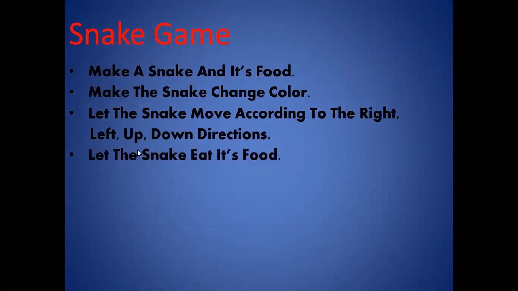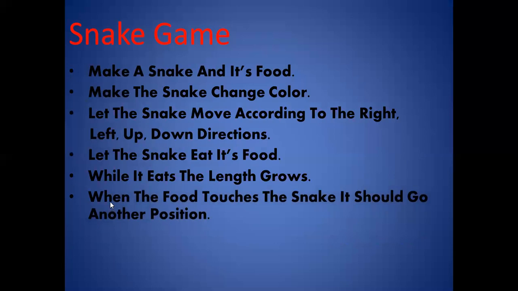We'll make the snake eat its food once it touches the food, and while it eats, the length of the snake grows. And when the snake touches the food, the food should go to another position. So let's make this.